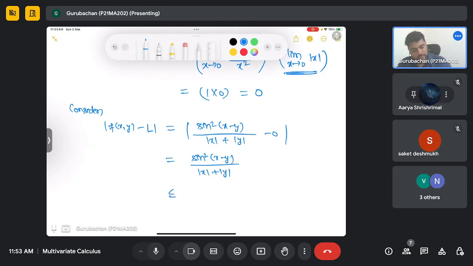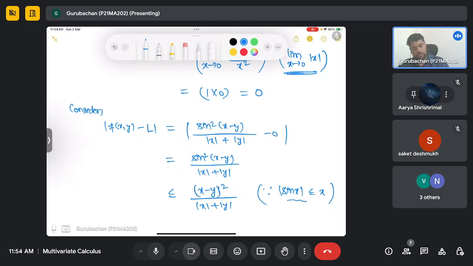We know that |sin x| is less than or equal to |x|, in fact, less than or equal to x. We know that sin x is less than or equal to mod of sin x, which is less than or equal to x. So for that we need to write here mod of x plus mod of y.